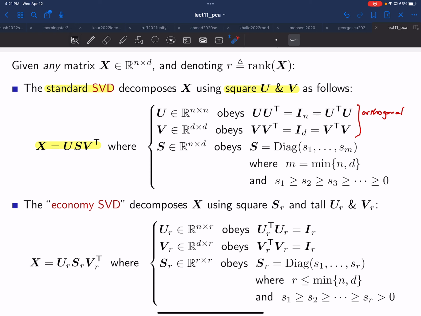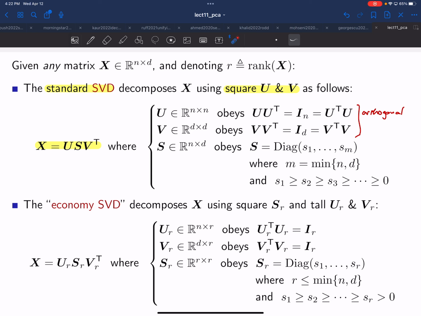So this is one way to write the SVD, and it's often the way that's most convenient for proofs. But for a lot of matrices, like anytime you have a matrix that's tall or wide, not square, or any matrix that's not full rank, what you find is that there's a lot of zeros in this S matrix.